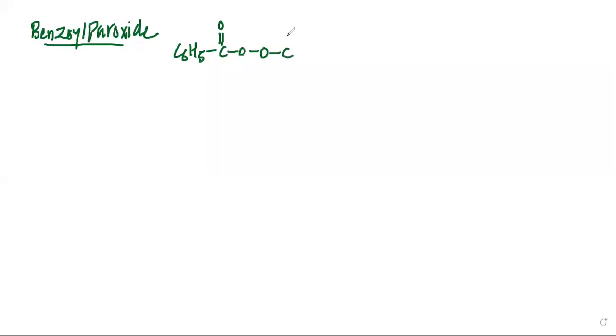See, suppose we have benzoyl peroxide. This benzoyl peroxide is C6H5-C(=O)-O-O-C(=O)-C6H5.